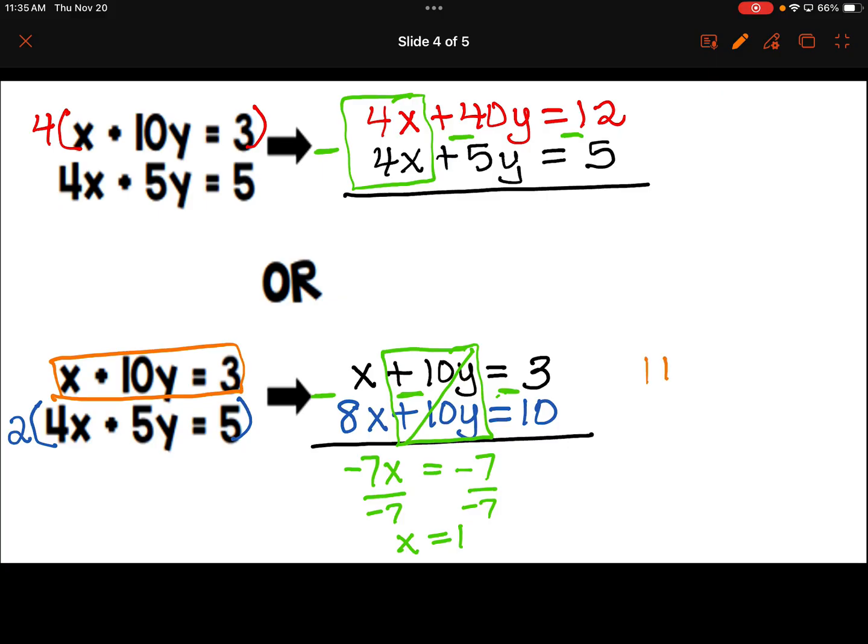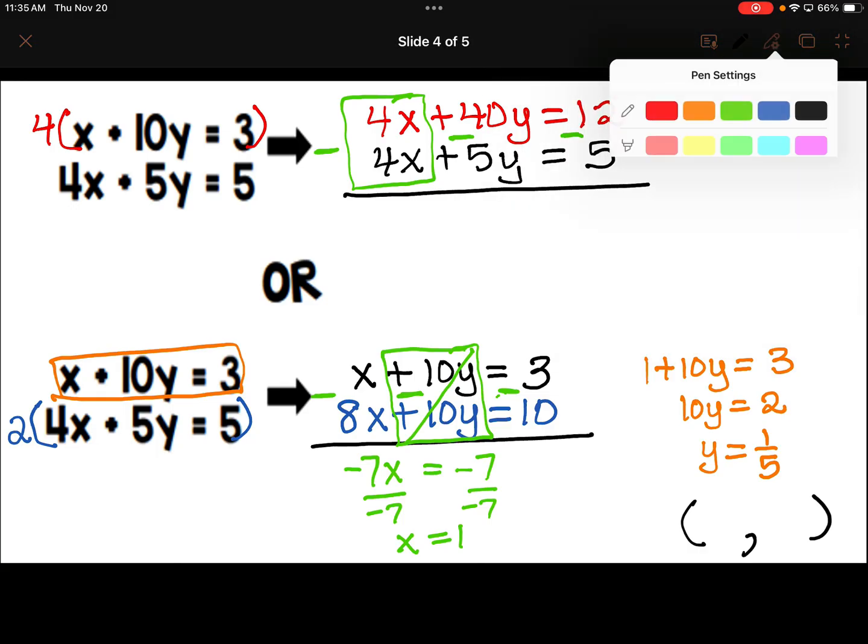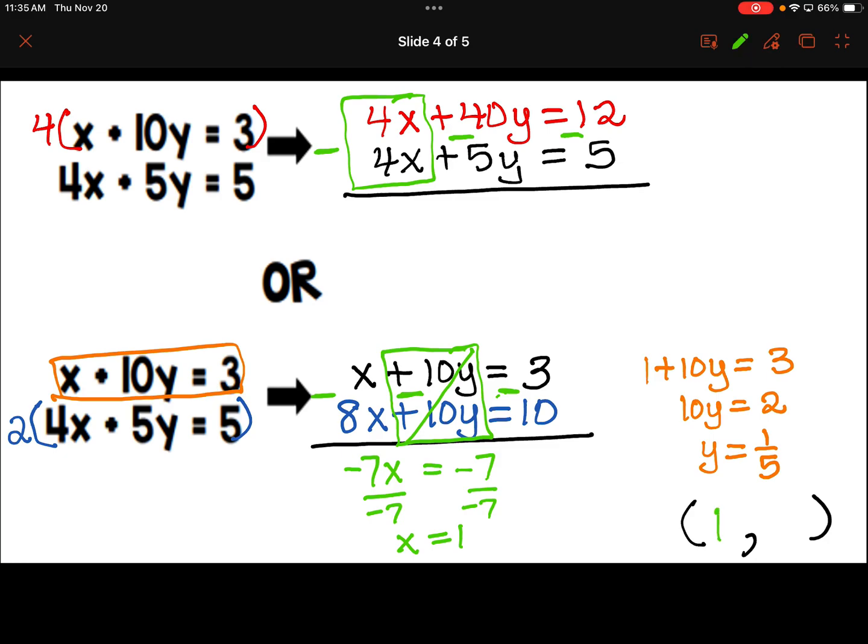And I'm going to go 1 plus 10y equals 3. I am going to say 10y equals 2. So I'm going to say y is 1/5. And now I can write my solution as 1 and 1/5.